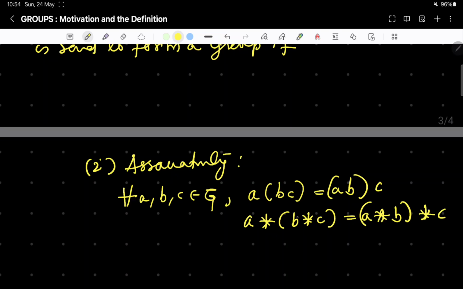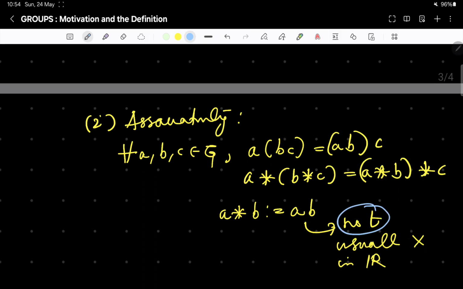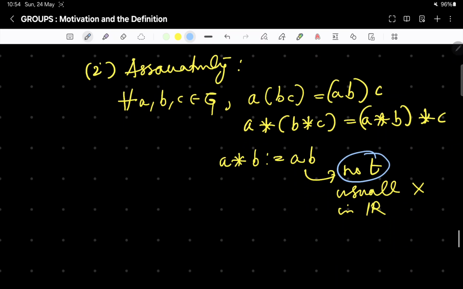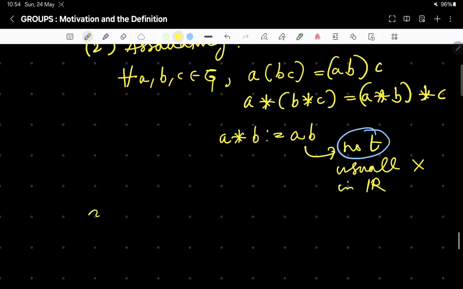The star is the operation here, but for convenience, from now onwards I will be writing only ab. So this operation is not the usual multiplication in real numbers, right? That's very important. It is just a notation, a star b. What is the operation? That's it, a star b. So that is the thing, associativity. You should have associativity in that. We'll see examples, then you will understand more what all this means.